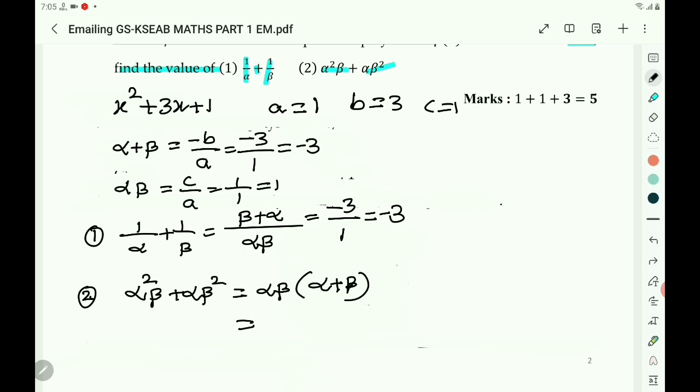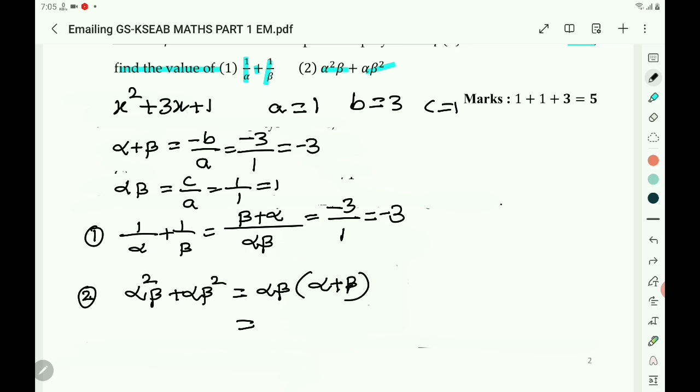If alpha beta is removed, in the bracket you are going to get alpha plus beta, because alpha beta into alpha is alpha square beta, and alpha beta into beta is alpha beta square. So if alpha beta is removed common, in the bracket you will get alpha plus beta.